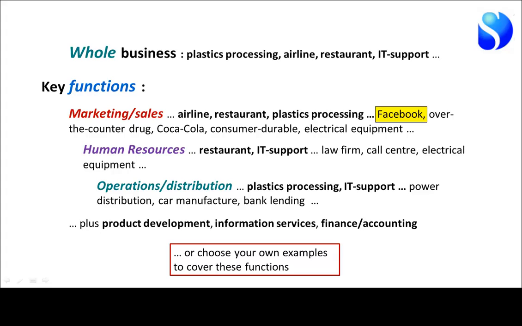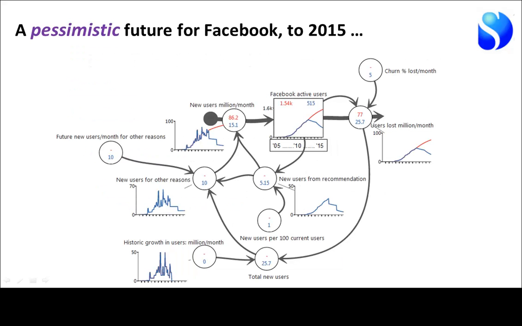So let me just show you the Facebook situation, and this is an example of a desperately simple little mechanism, and the mechanism is all about the word of mouth feedback that drives growth in Facebook. And this is one of the later slides. We don't throw this slide at people the first time we talk about Facebook in the course, but you can take a look at that yourself in the course and see how we got there.